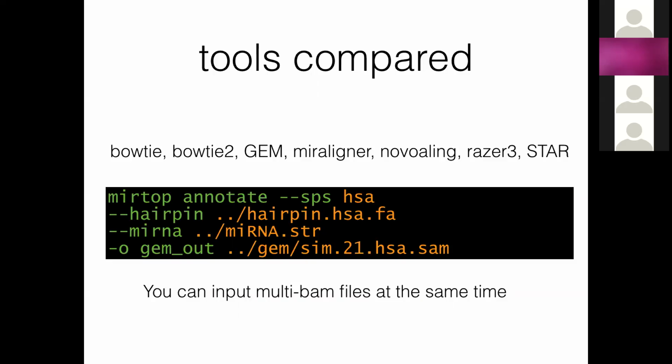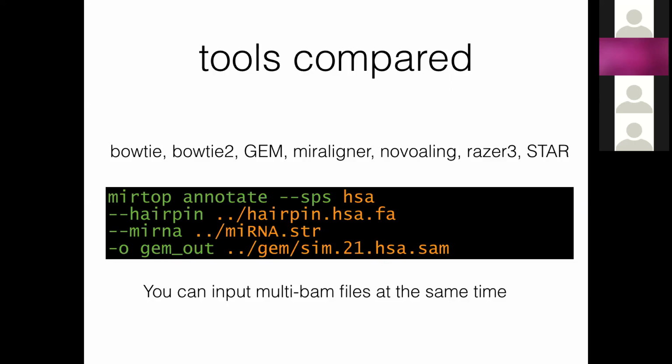Then you give the SAM or BAM file and the output folder, and you can put a lot of BAM files, so it will put everything together. The idea is that you can put different samples, do this once for all the samples, and it will create the count matrix and all the annotations in one step. It's super quick because it's only parsing, so it's not doing any heavy computation.